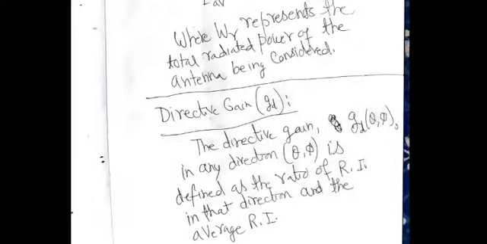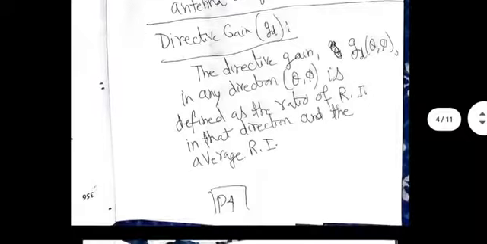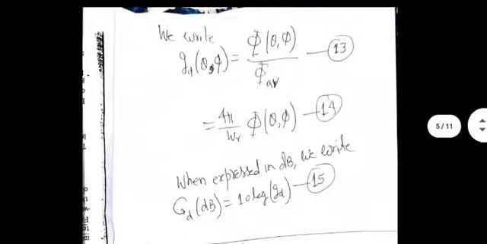It is defined as the ratio of radiation intensity in that direction and the average radiation intensity, capital phi divided by capital phi average. So this is the weightage. Now phi average is W_R divided by 4 pi, so I can rewrite equation 13 as 14.